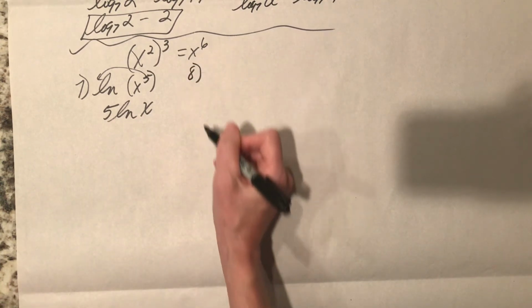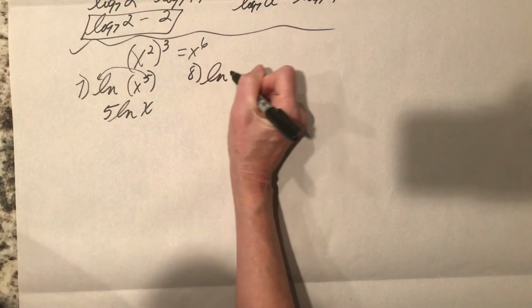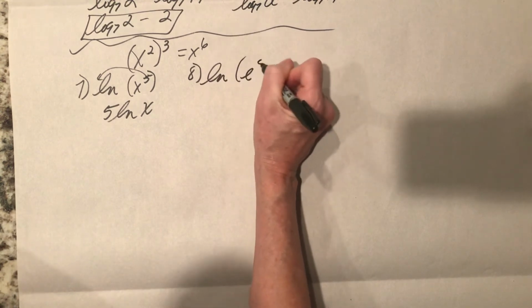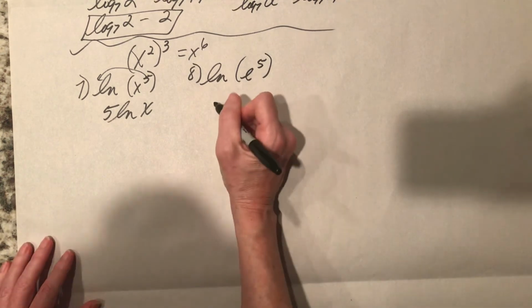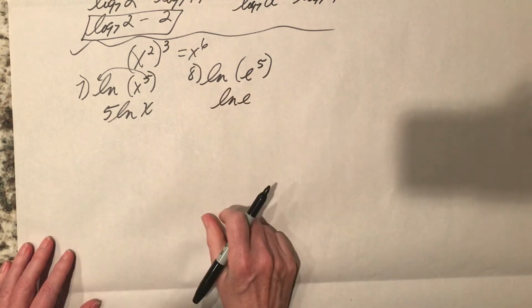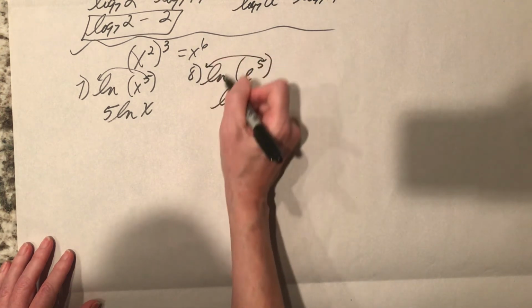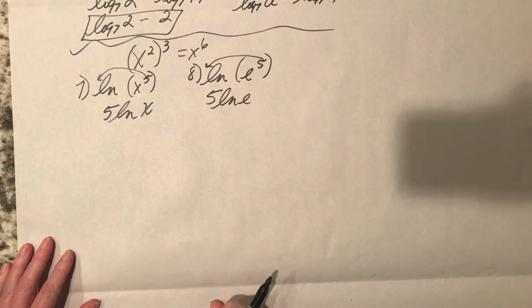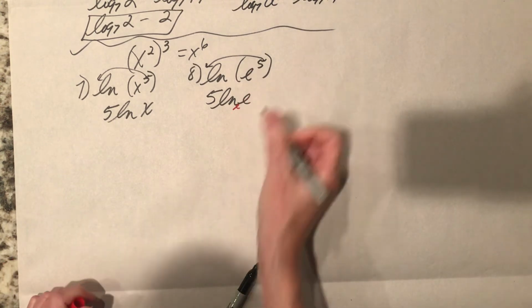Let's look at number 8. We have got the natural log of e to the 5th power. Okay, so we're going to take the natural log of e. This is raised to the 5th power. We're going to sling that out in front and put the 5 there. And now remember, natural log has an e as a base.